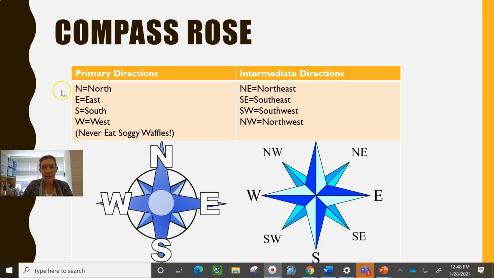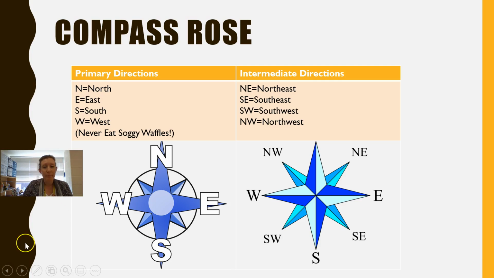Now the abbreviations for north would be the capital N, east, capital E, south is capital S, and west is capital W. We don't need to write it out every single time. We can use the abbreviations, which is pretty cool.